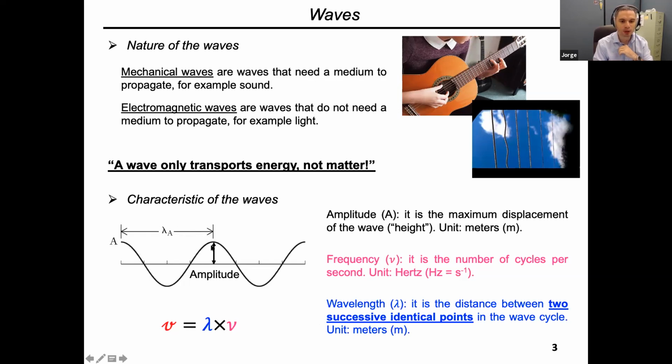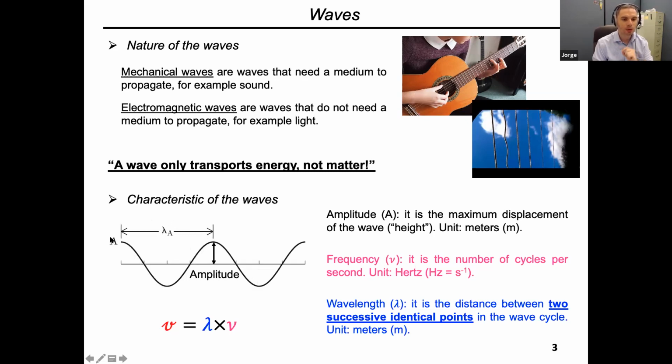If we look at the figure here, the wave starts at the top, goes down, all the way down, and then goes up again and reaches the top. The distance between two tops, that's called wavelength. You can also measure the distance between the two lows, and that's also called wavelength.